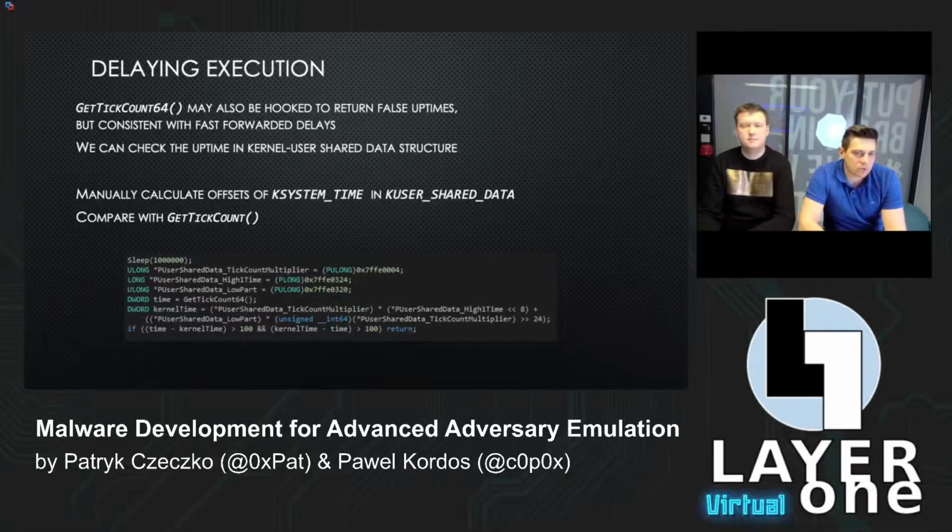It's read-only, only modifiable by the kernel, and less likely to be tampered with by the sandbox. So I think it's the most reliable source of information for the system uptime. We could use this to check if those 100 seconds that we should have slept have actually passed or not.